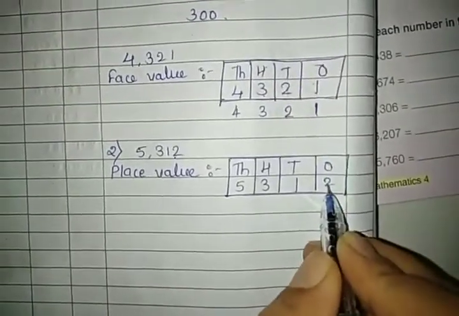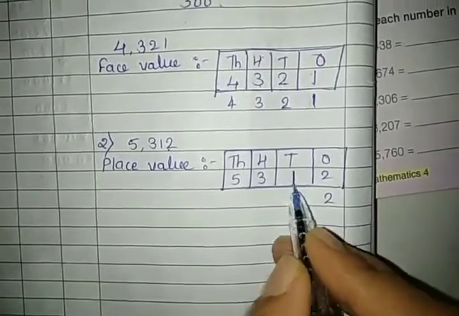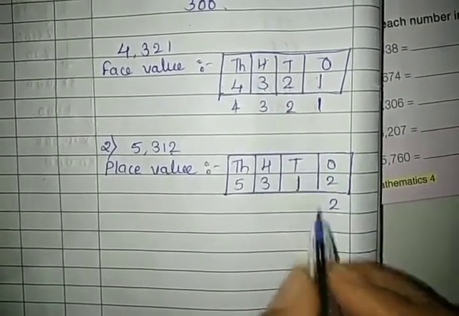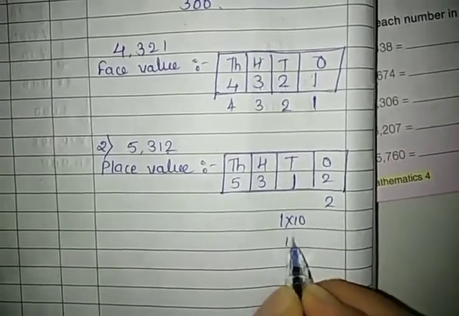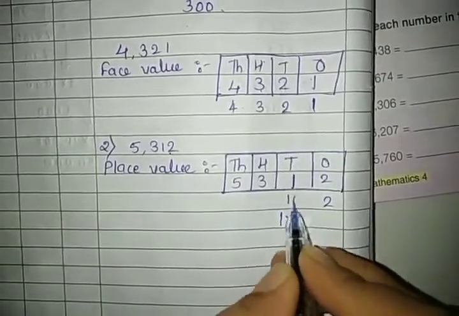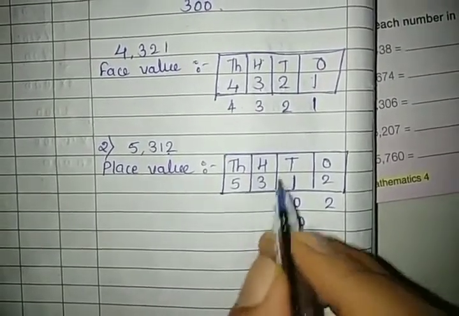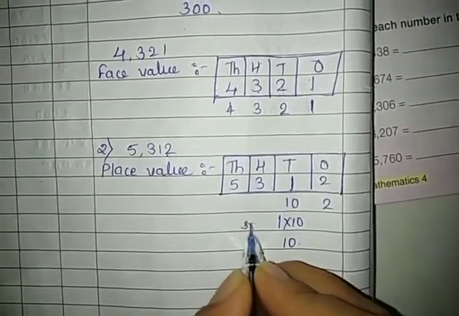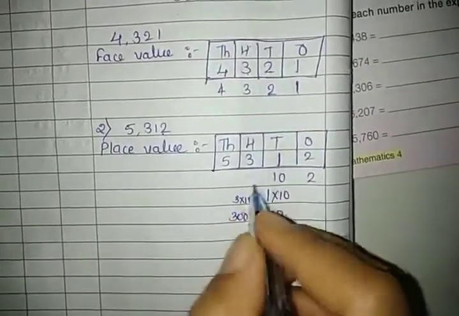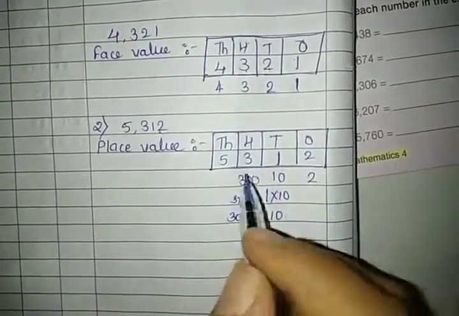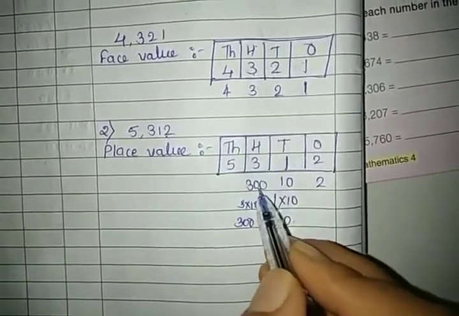The value of 2 in ones place will be 2 only, and the value of 1 in tens place is 1 into 10, which is 10 only. The value of 3 in hundred place will be 3 into 100, which is 300.